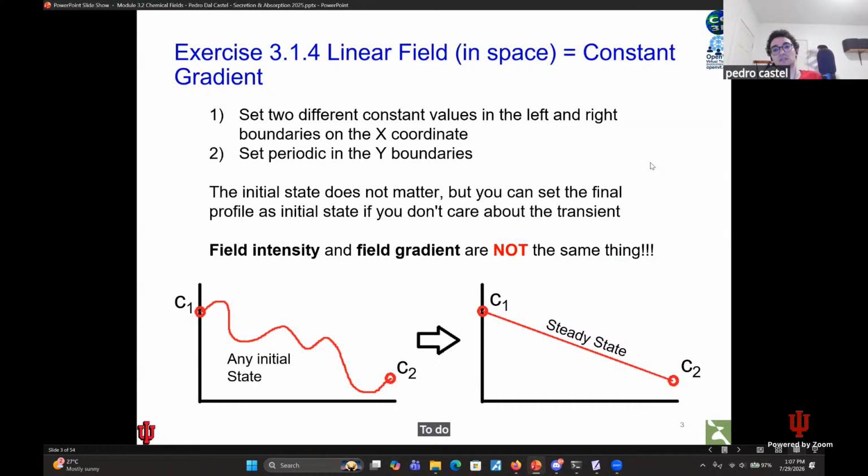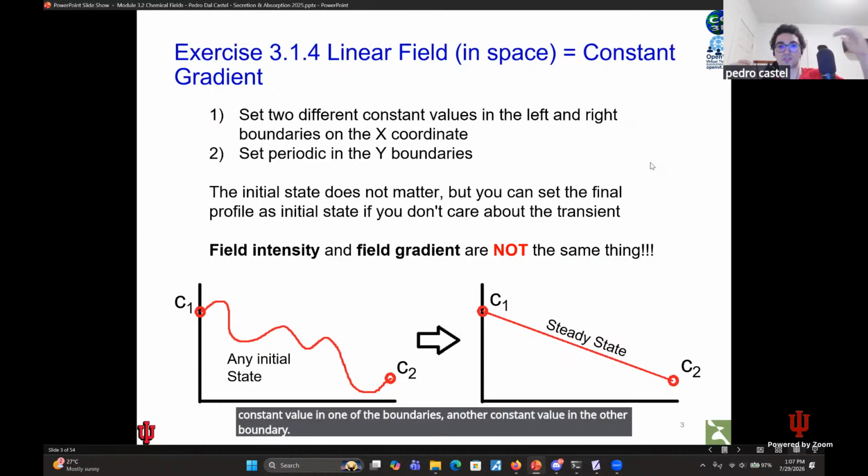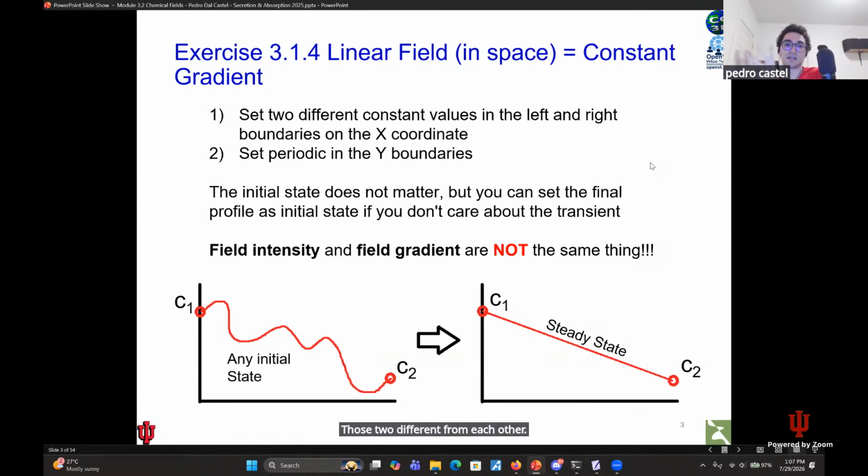To do that, you can just set a constant value in one of the boundaries and another constant value in the other boundary, those two different from each other, and wait long enough, you'll have your linear field.